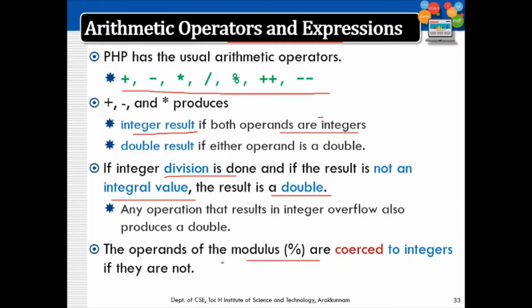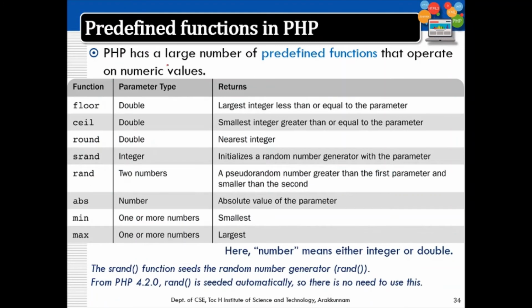In the modulus operation, the operands are coerced to integers if they are not. If we try to do the modulus with double values, they will be automatically coerced to the corresponding integer values. There are also a set of predefined integer functions: floor, ceil, round.